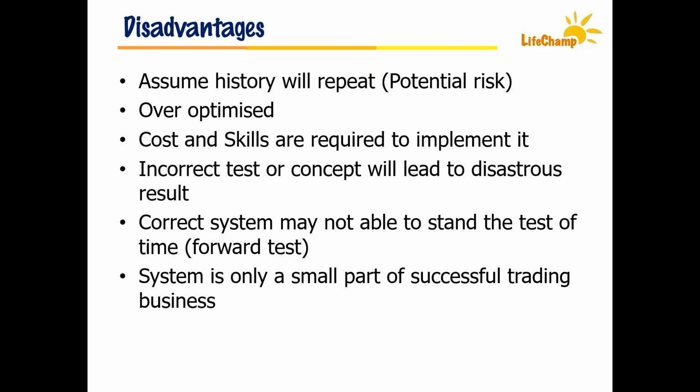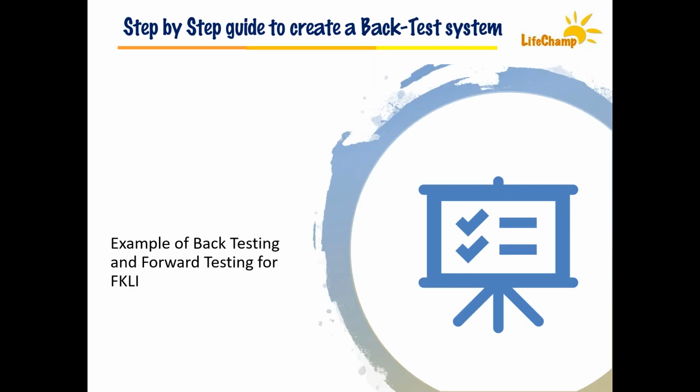That's why we say you need to do a forward test, and the forward test may fail even if you have a very good system. And the system is only a small part of a successful trading business, because it's not the entire thing in trading.